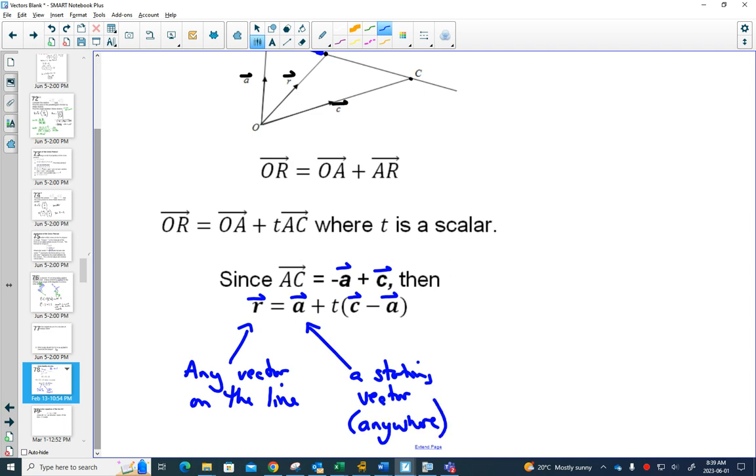What's nicer with vectors compared to y equals mx plus b is that y equals mx plus b has only one point you're starting with. That's b, your y-intercept, and then m is your slope.